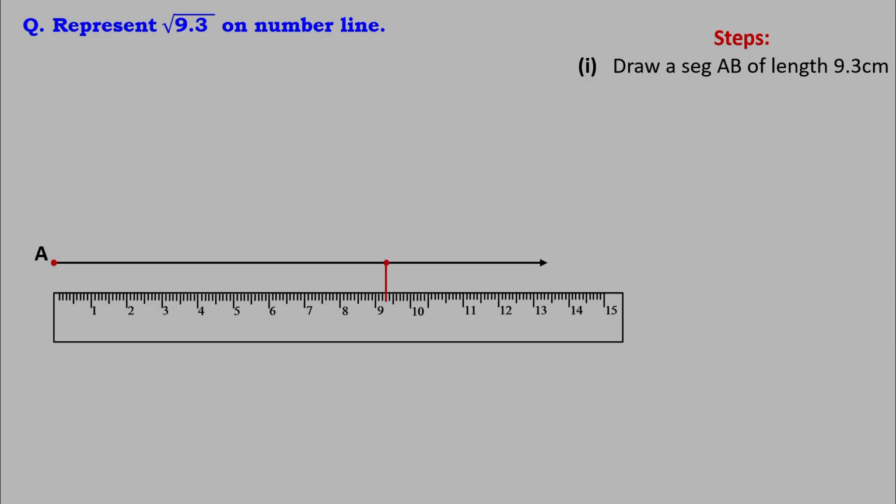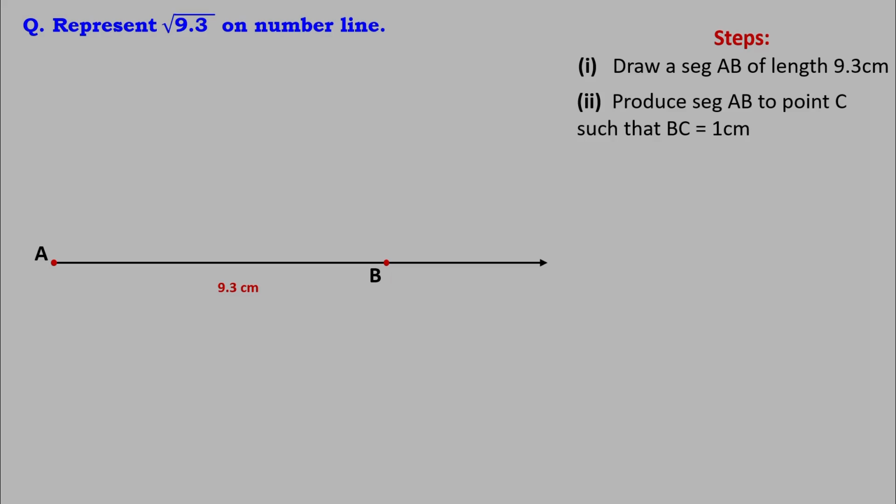So first we will draw the number line and we will plot 9.3. So now AB is 9.3. Next step is produce segment AB to point C such that BC equal to 1 centimeter.